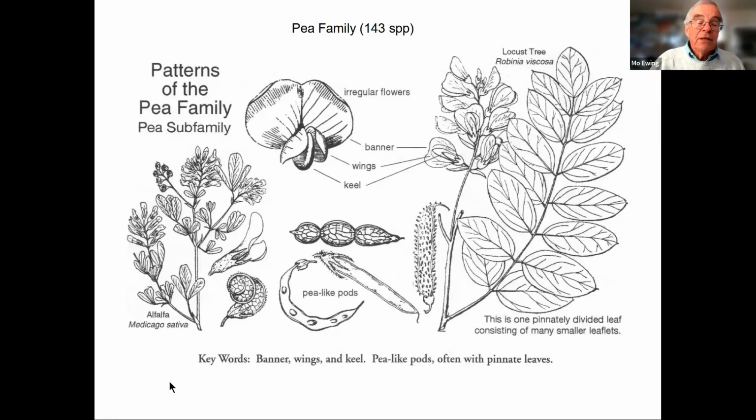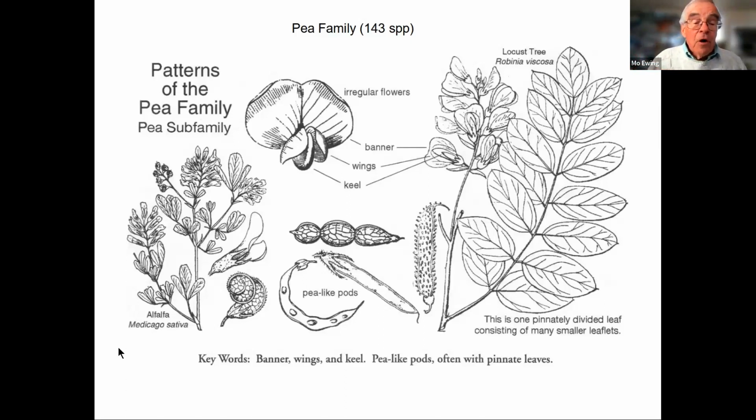So in this family, Alpha cuts the family down into subfamilies and tribes. So if you look at this slide, both of these peas, alfalfa, Medicago sativa, and the locust, are in the pea subfamily, because there are multiple subfamilies.